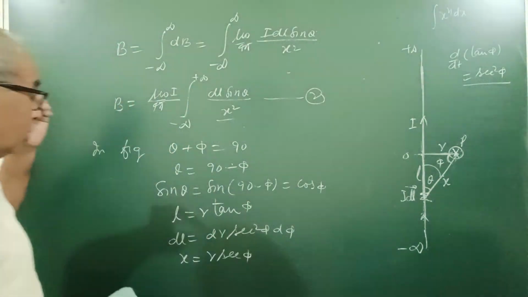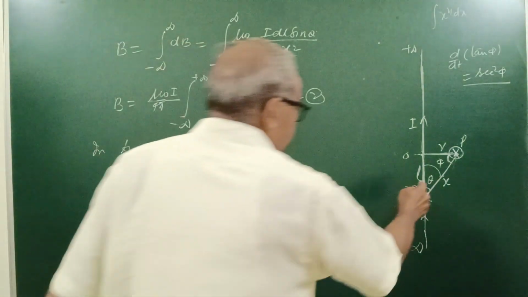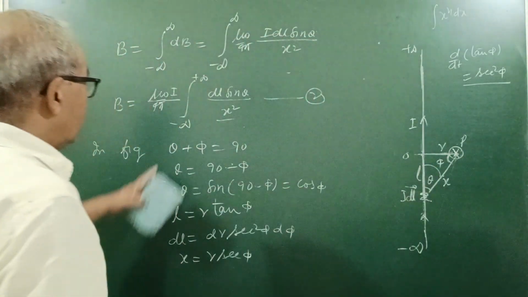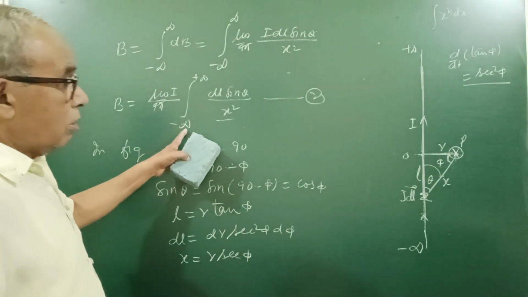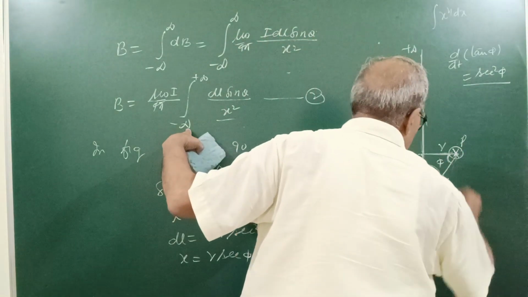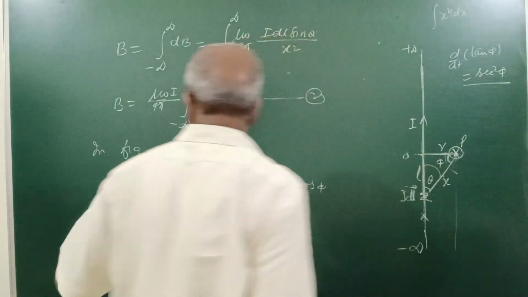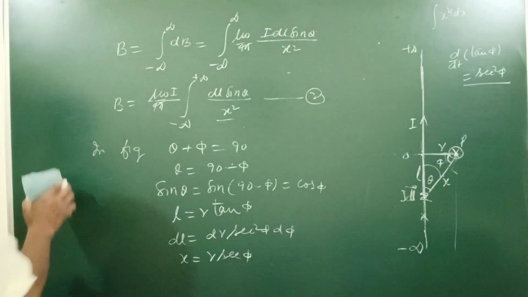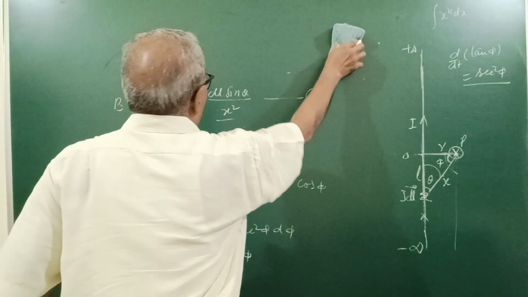Now when we change this value, theta changes to phi, so the limit will change: minus infinity will be minus pi by 2, and this will be plus pi by 2. So putting all these values in equation 2, what we get?